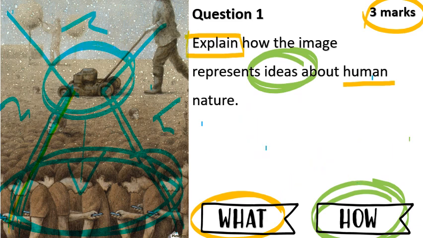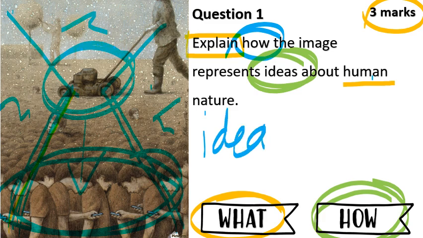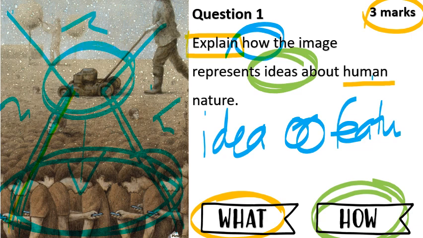So when you brainstorm your ideas, you then go through and think about what visual features you can find, and then you try to make a connection between the two. So when you answer the question, you want to say that you start with your ideas about the human nature such as this.